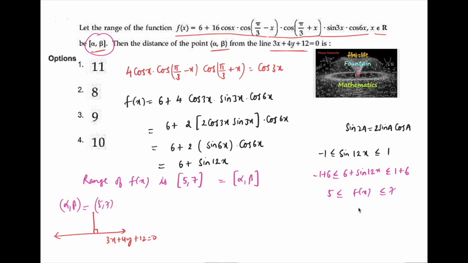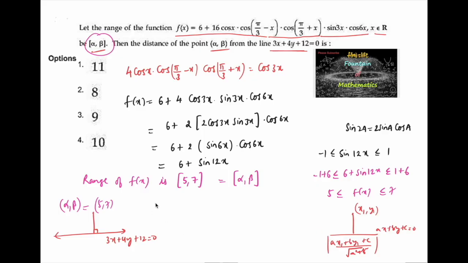We know the perpendicular distance from the point x1 comma y1 upon the line ax plus by plus c is equal to 0 is given by ax1 plus by1 plus c upon under root of a square plus b square.